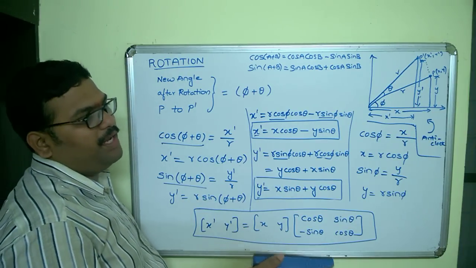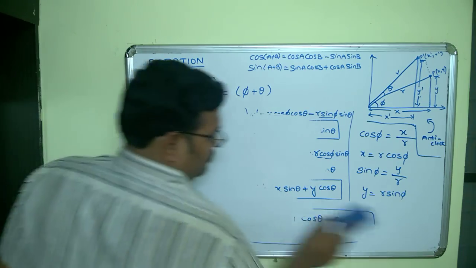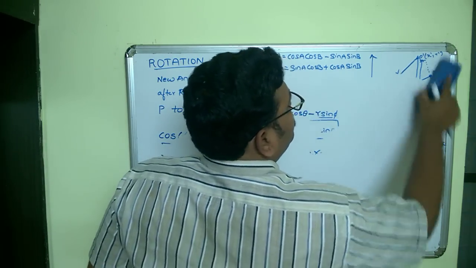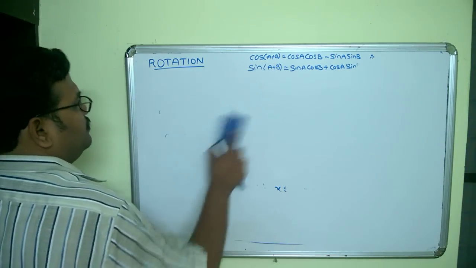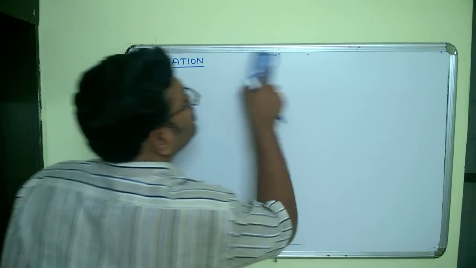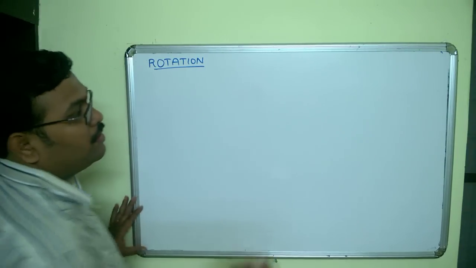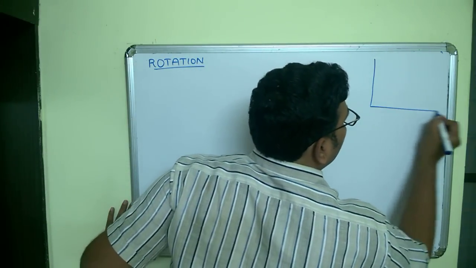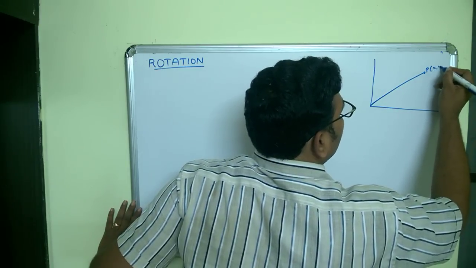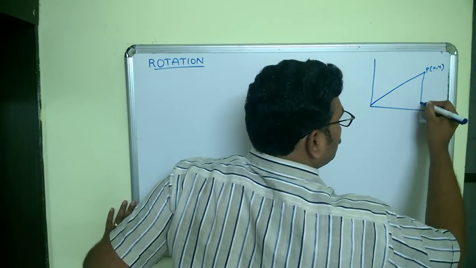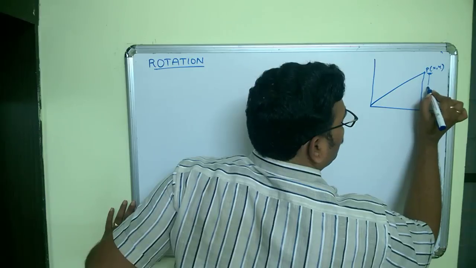If the point P rotates in a clockwise direction, similarly, let us consider the point P, which is (x, y).